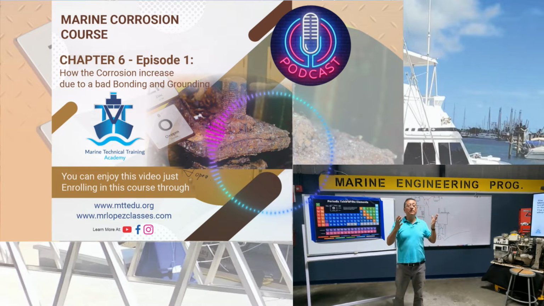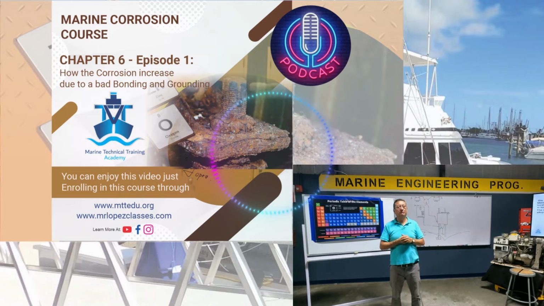What is the main difference between them? And after that, we are going to return to analyze the galvanic isolator, the difference between the galvanic isolator and the isolator transformer. And in another episode, probably we are going to analyze why reverse polarity is catastrophic.